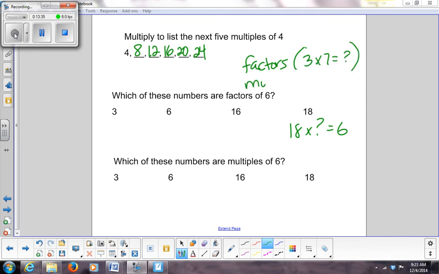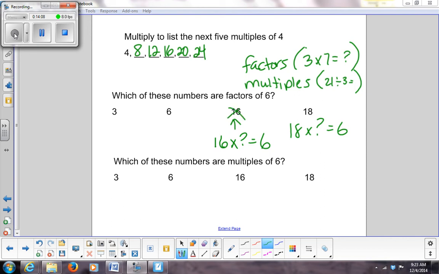Multiples: 21 divided by 3 equals. Get it? So why is this one not a factor? Because nothing times 16 equals 6. If you can't do this and answer it, then it's not a factor.